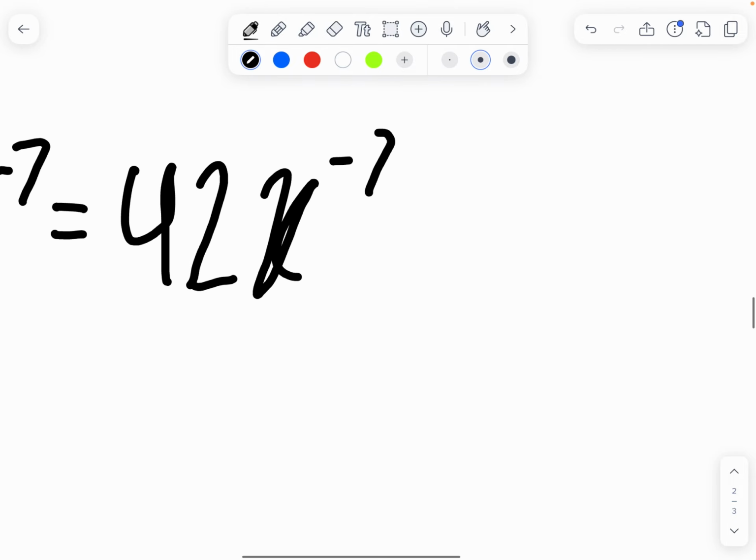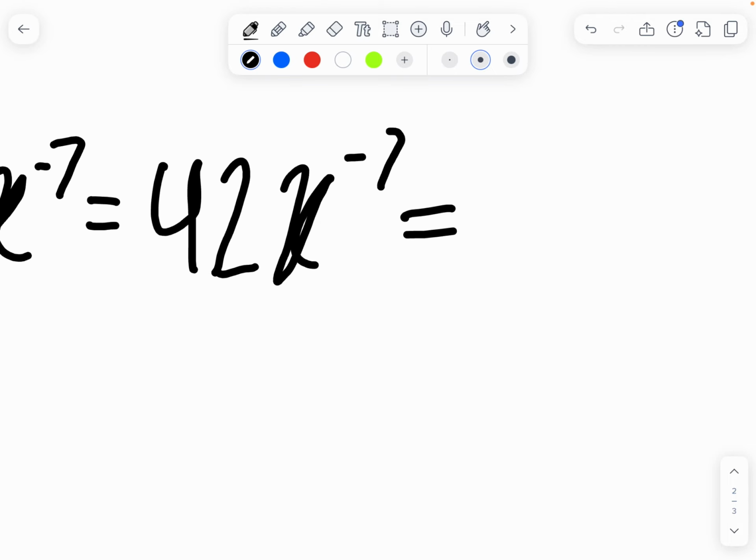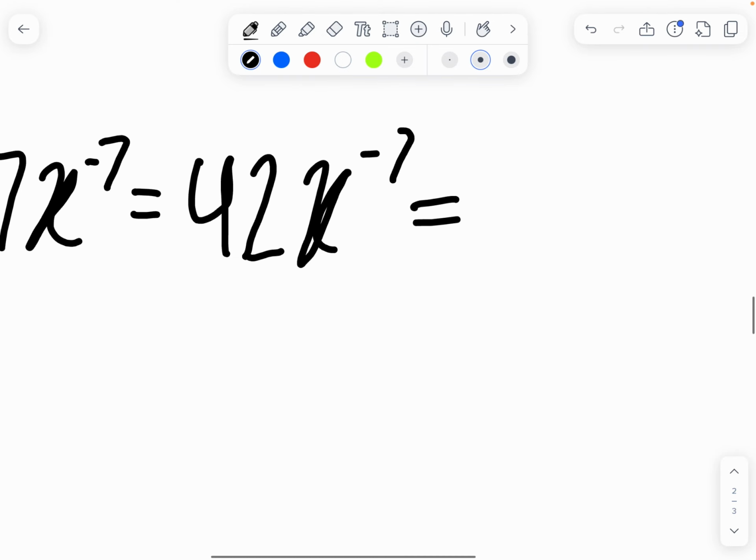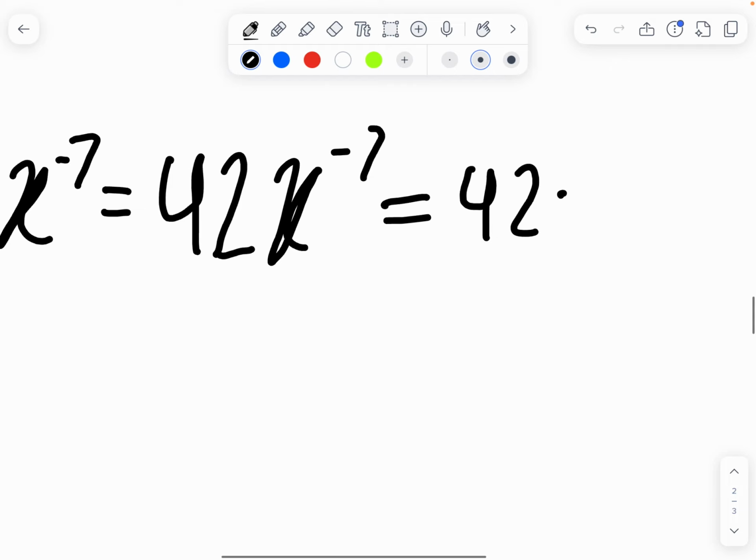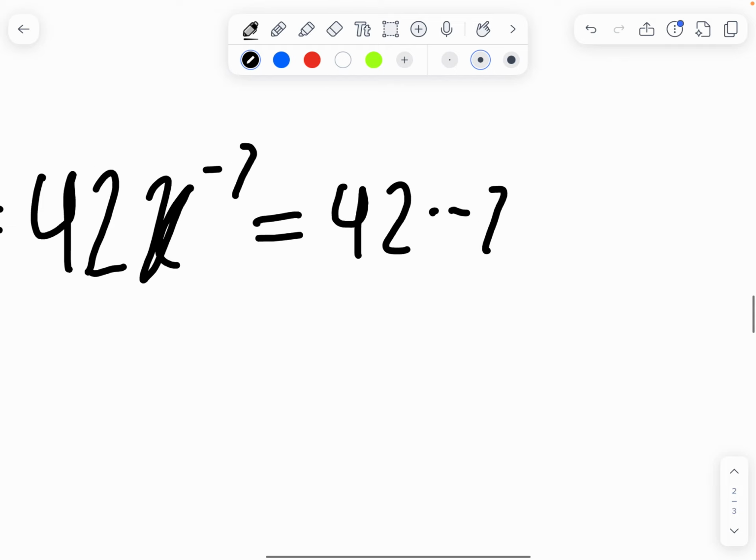And now we're actually going to do the derivative. So applying the power rule, we'd get 42 times negative 7 times x to the power of negative 7 minus 8.